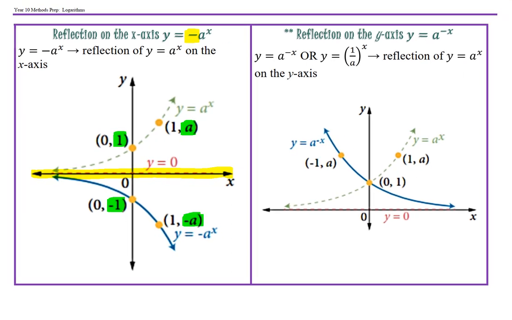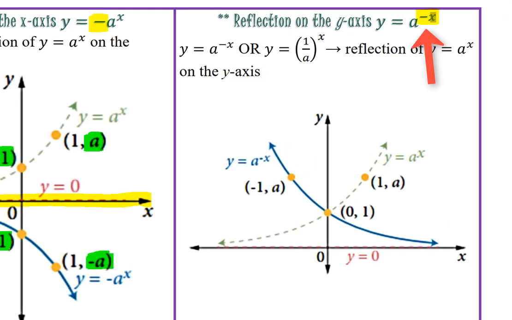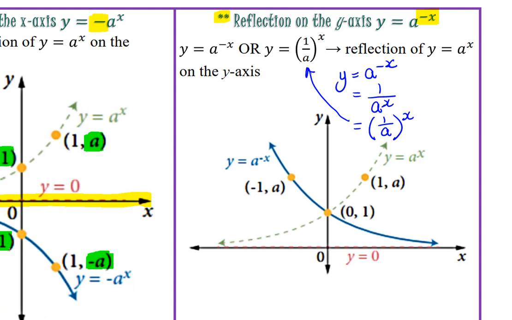If we're looking at a reflection on the y-axis, we have the negative x. Our power becomes negative x. Now, this one's a little tricky, hence why I've got 2 stars here, because what you have to remember is that if you have y equals a to the negative x, I can rewrite that with a positive power as y equals 1 over a to the x, or I can rewrite that as y equals 1 over a, to the power of x, which you can see there.